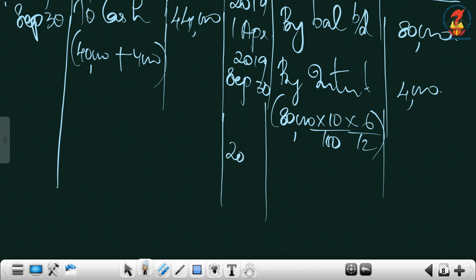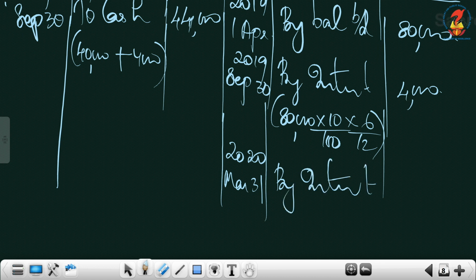Again after 6 months, that is 2020 March 31st, year ending, we will provide interest. Now on which amount you are going to provide interest? Not on 80, from that you should deduct the principal amount 40, that is 80 minus 40, the balance 40. You will consider 10% for 6 months.